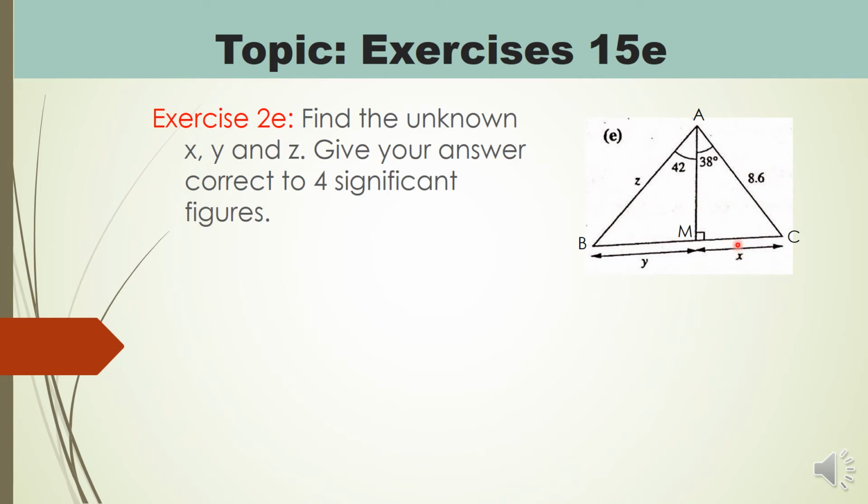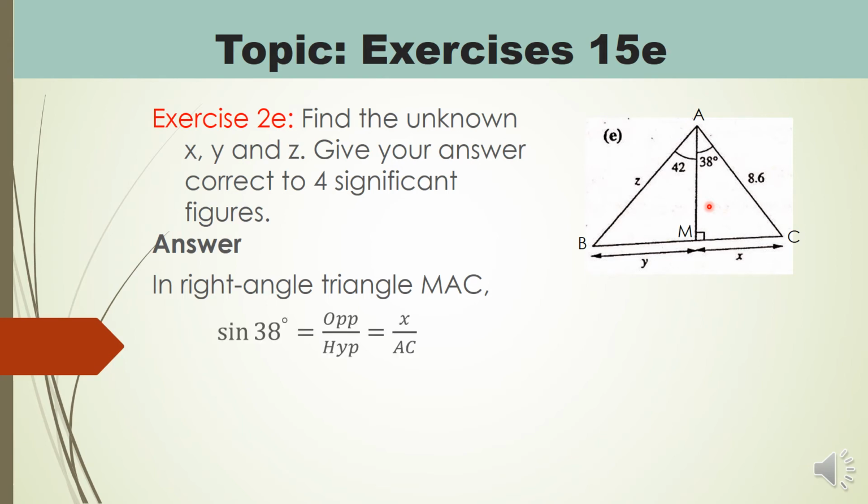The opposite side is h, so let's find h first. Look at this right angle triangle MAC. You find that h is the opposite side and this side is the hypotenuse. So you take opposite over hypotenuse, where opposite is h and hypotenuse is AC.